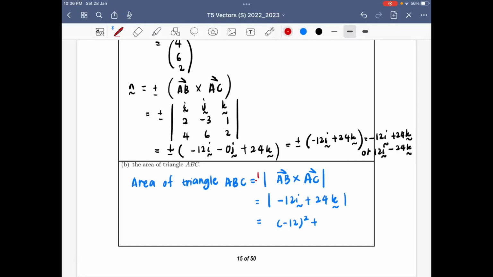Oh, sorry, it should be half here. Half multiplied by the square root of negative 12 squared plus 24 squared. So we get the answer 13.42 units squared.